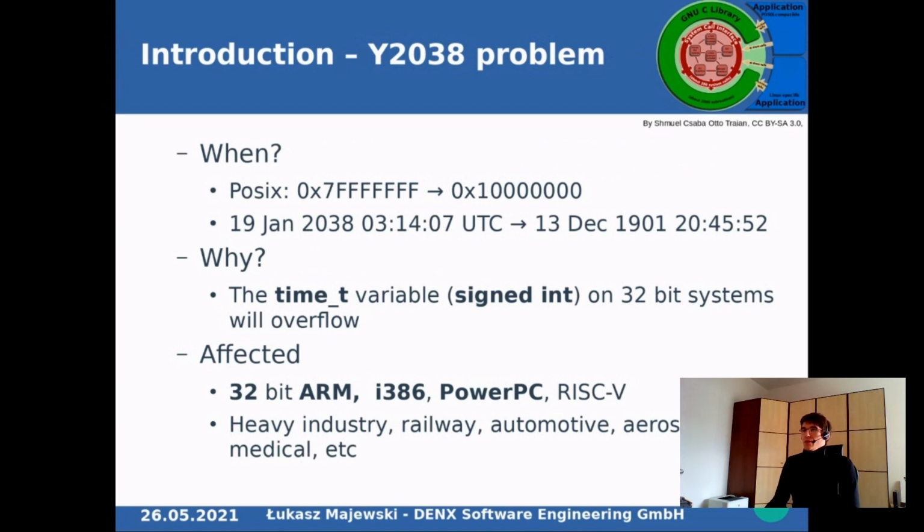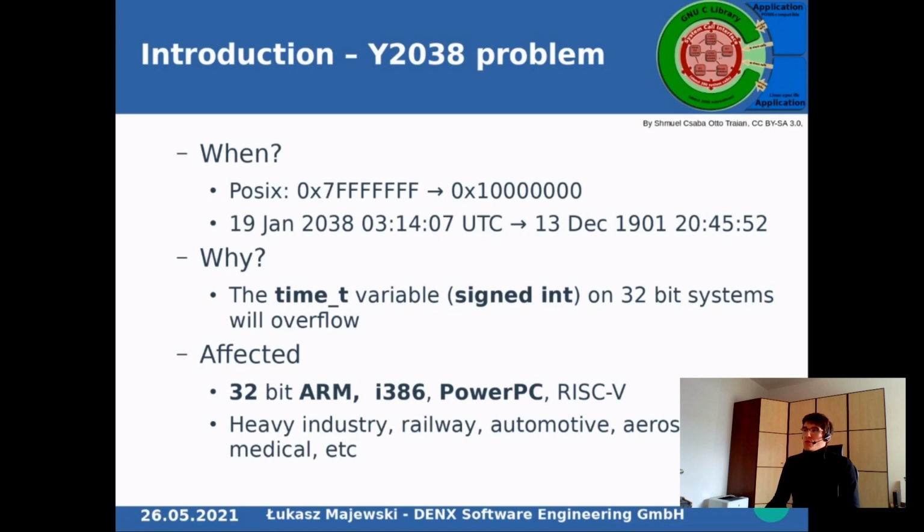So when the time representation, which is POSIX time representation since the POSIX epoch, changes its value from 0x7FFFFFFF to 0x80000000, what will happen then? After passing that year 2038 threshold time, I mean 19 January 2038, the time represented on systems will be 13 December 1901.